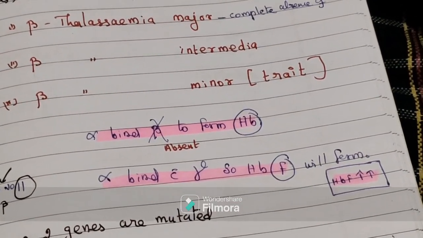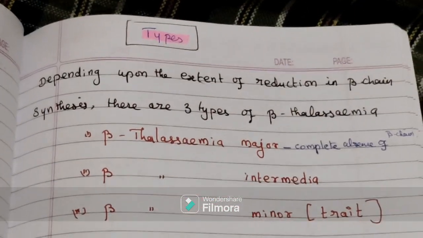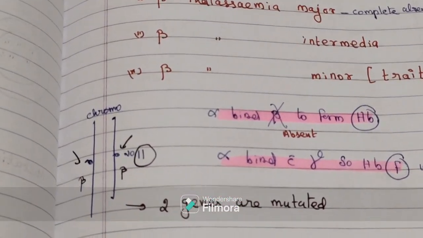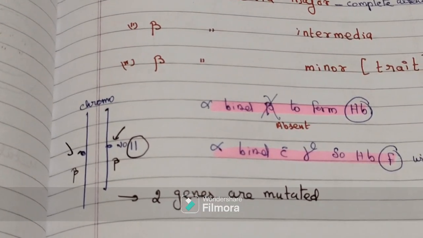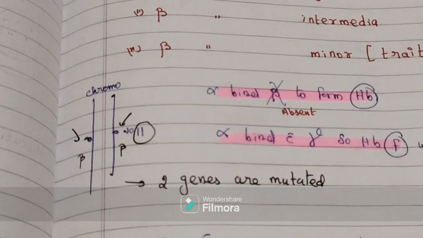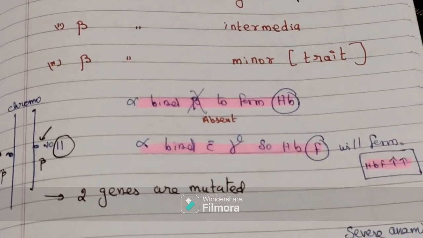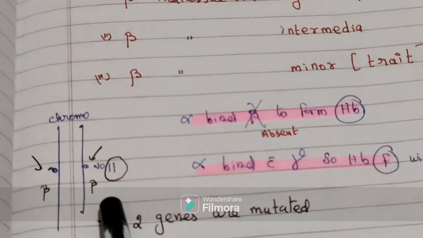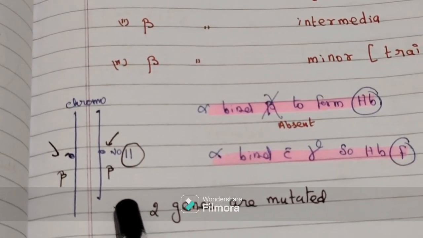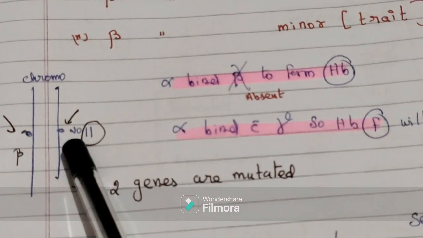That is the introduction. What is the molecular pathogenesis? The exact mechanism which is taking place because of which the beta chain is not forming. The gene of the beta chain is located on chromosome number 11. On chromosome number 11, there can be a point mutation.